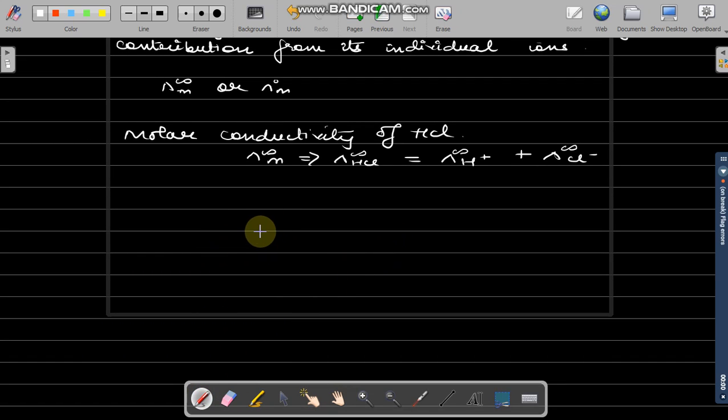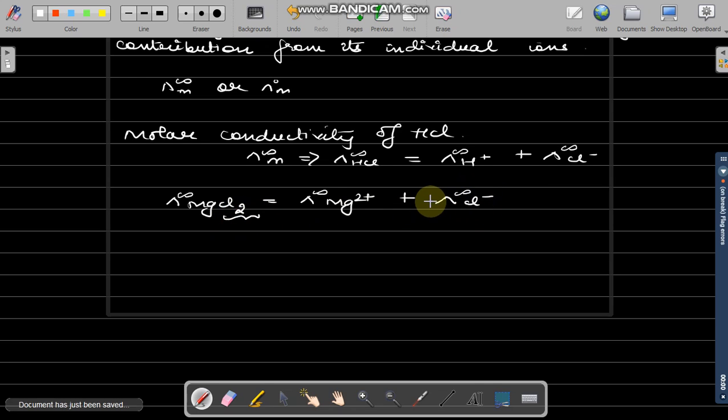Similarly, suppose we ask to write down the molar conductivity for MgCl2 at infinite dilution. Over here, it will be Mg2 plus and Cl minus ion. As we have two chloride ions, it will be 2Cl minus.